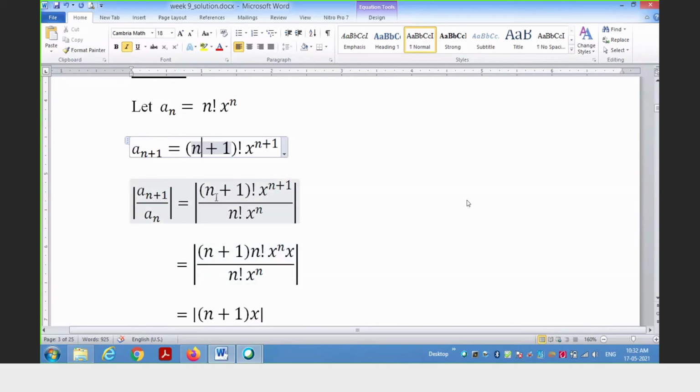(n+1) factorial can be written as (n+1) times n factorial.